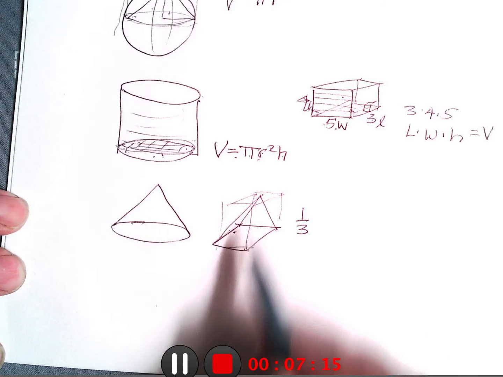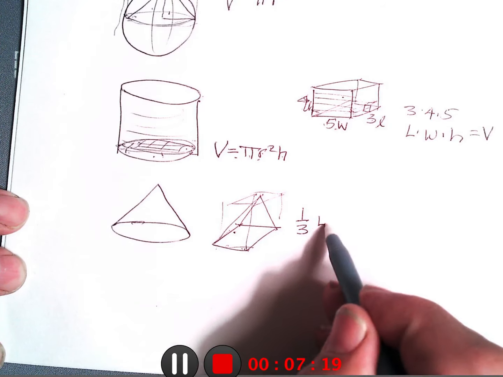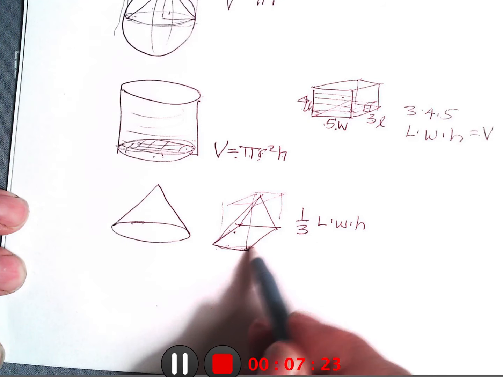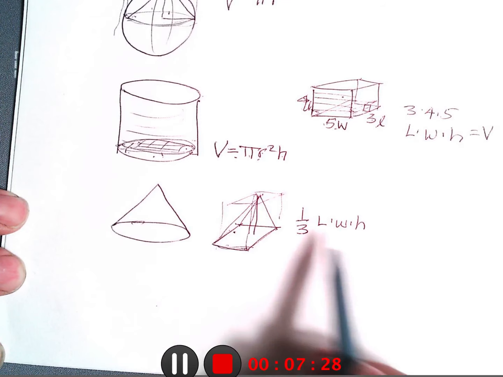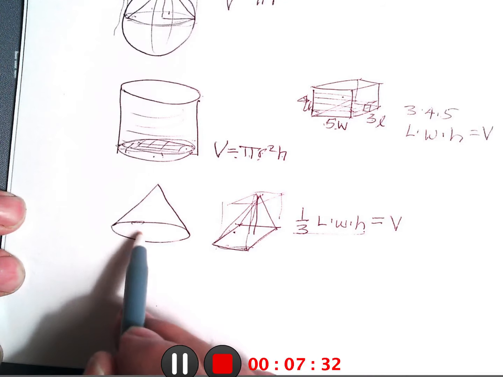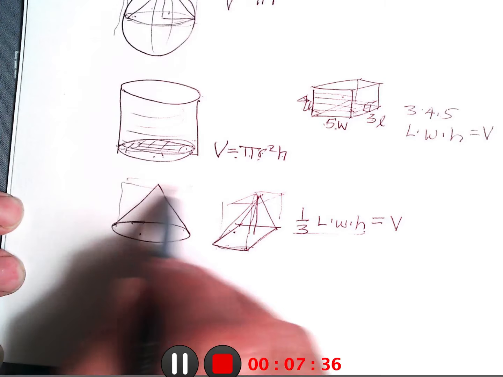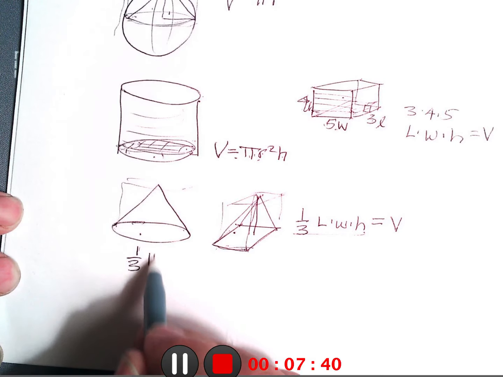So the box it comes in is length times width times height. Length times width times the height, straight up and down. So that's the volume of a pyramid. The volume of a cone would be 1/3 of the volume of the can, so it's 1/3 pi r squared h.